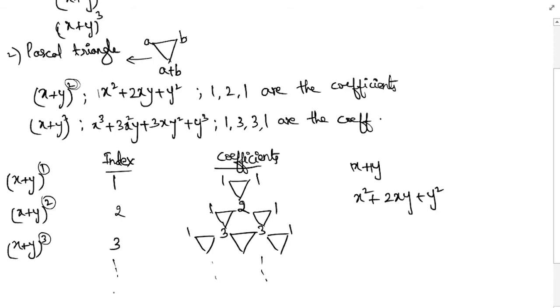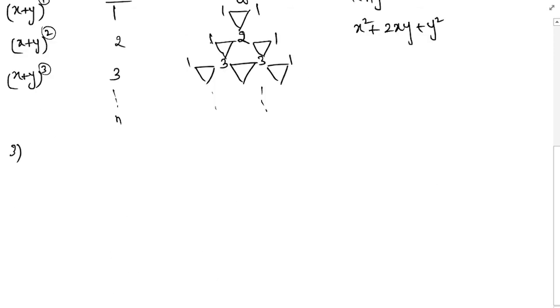That is how we got the binomial theorem. Before that, binomial theorem for positive integral index.